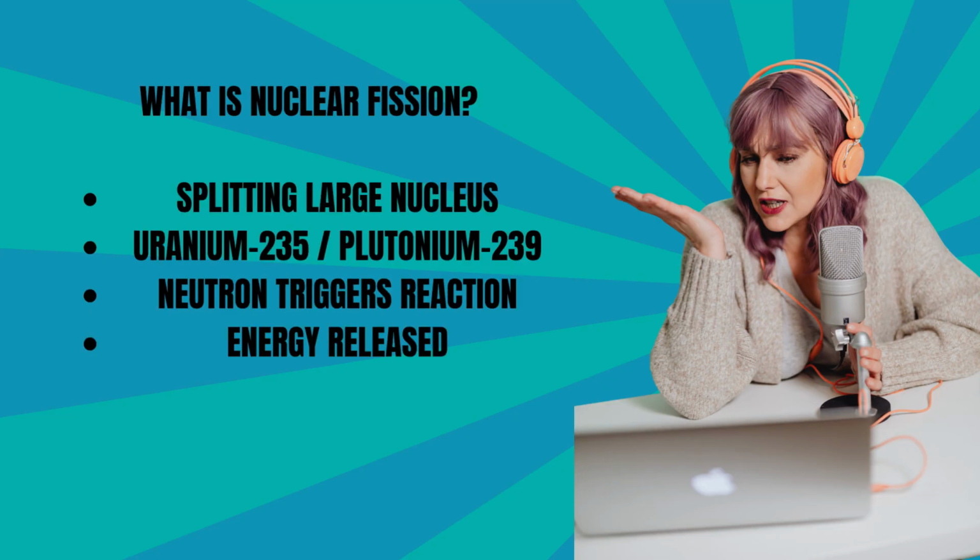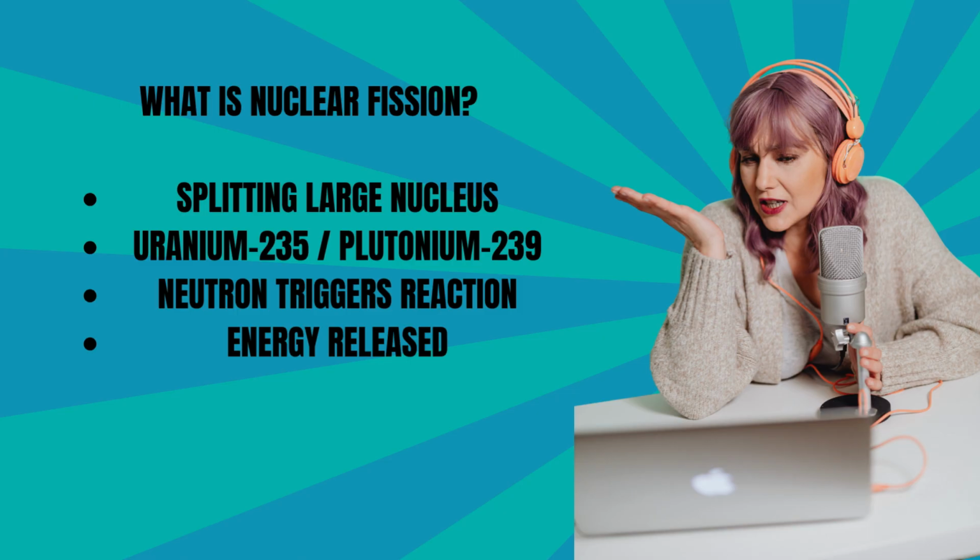Now, going on to nuclear fission. Nuclear fission is the splitting of a large unstable nucleus into two smaller nuclei. This usually involves very heavy elements such as uranium-235 or plutonium-239. What happens is a neutron is fired at a large nucleus. When that neutron hits the nucleus, it becomes unstable.